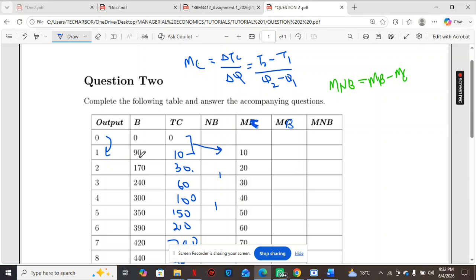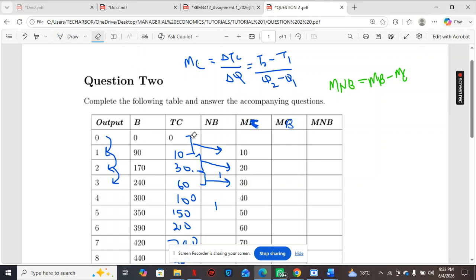When you move from 1 unit to 2 units, the total cost increases from 10 to 30. So the additional cost this second worker has brought, you say 30 minus 10, that gives you 20. When you move from 2 units to 3 units, the total cost goes from 30 to 60. So the marginal cost is 60 minus 30, that gives you 30. So that's how you get your total costs.